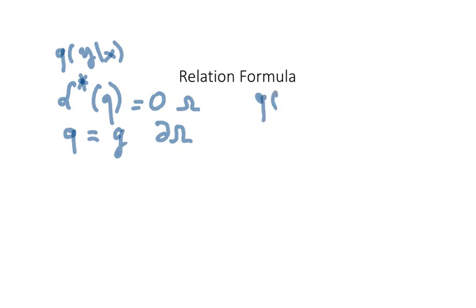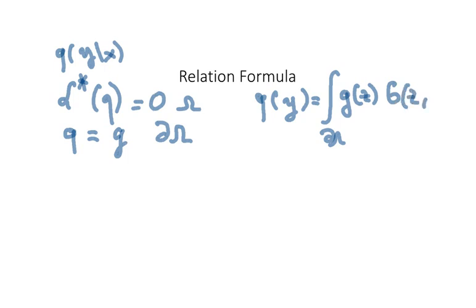So Q of y is the integration over d omega of g of z, and the relation is that we have here gz of y dsz. So this j is exactly this quantity.